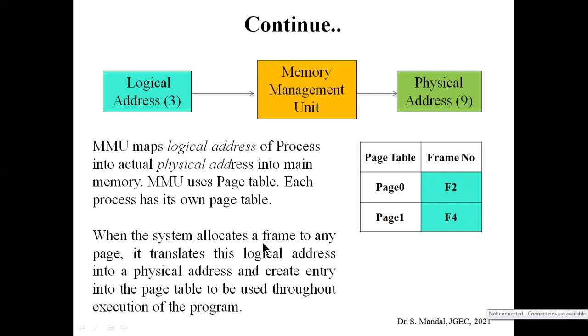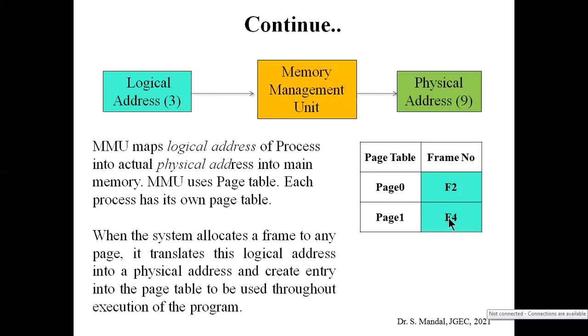When the system allocates a frame to any page, it translates the logical address into the physical address and creates an entry in the page table to be used throughout the execution of the program. So this page table for the respective process should be saved, so that it can be used throughout the execution of the program.